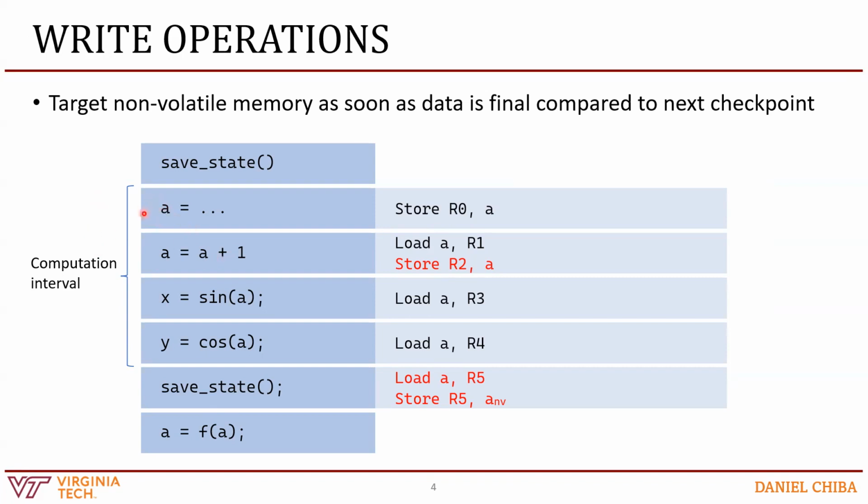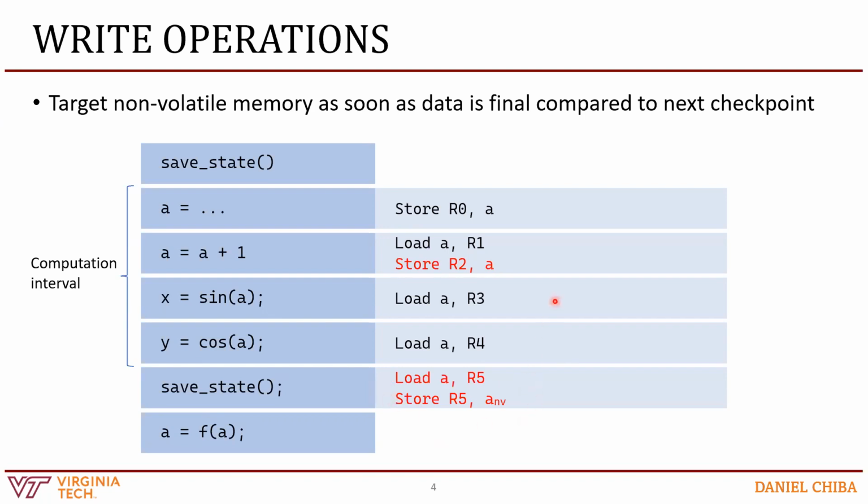So let's say you write something to A, right? And after this statement, A equal to A plus 1, you notice that you're not writing to A. The value of A isn't modified. So when you're writing A over here to volatile memory, you're writing the same value that you eventually write to non-volatile memory during your checkpoint.